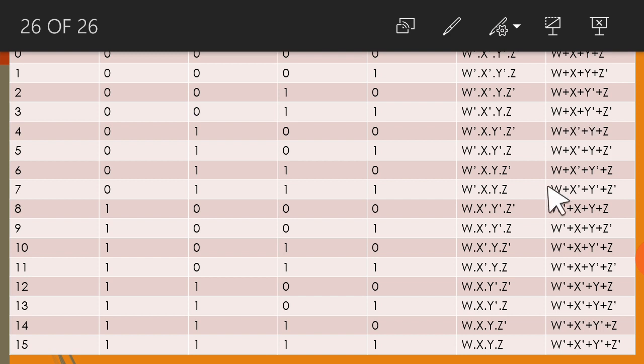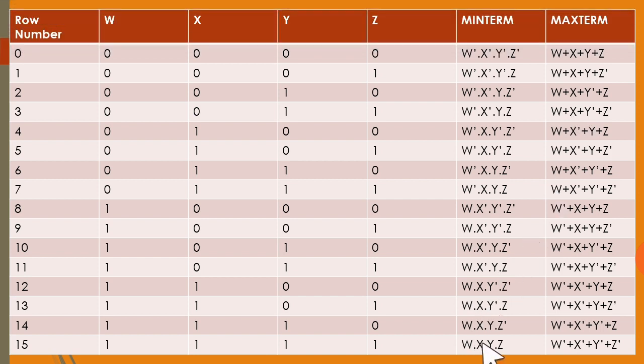Similarly, if you look at the last row, when all the input combinations are 1, then the minterm is W dot X dot Y dot Z. Why? Because we do not complement ones, we only complement zeros in the minterm. And then we check the maxterm.